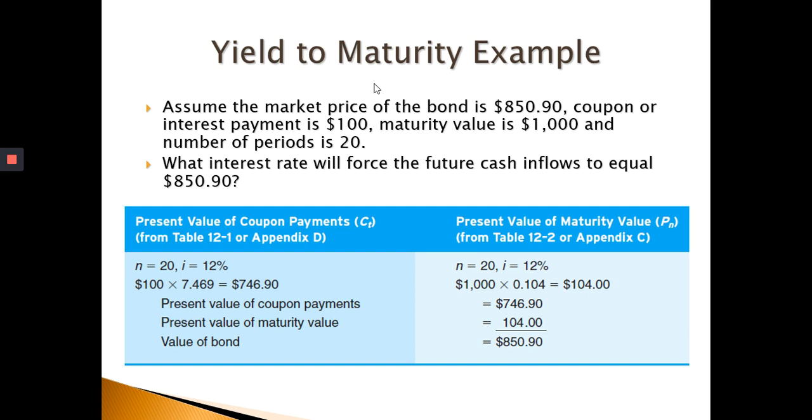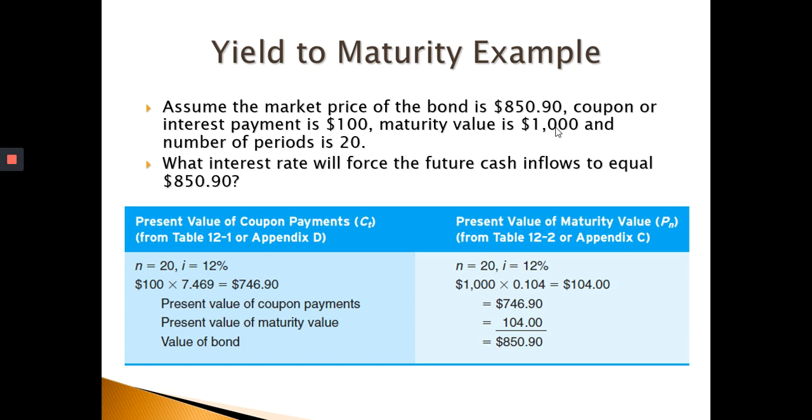Alright, so as you can see here, the yield to maturity example is like the previous example where we used to calculate the bond price, right? But now the bond price is given, the interest payment is given, which is 100, the coupon. Alright, this is the coupon, right?